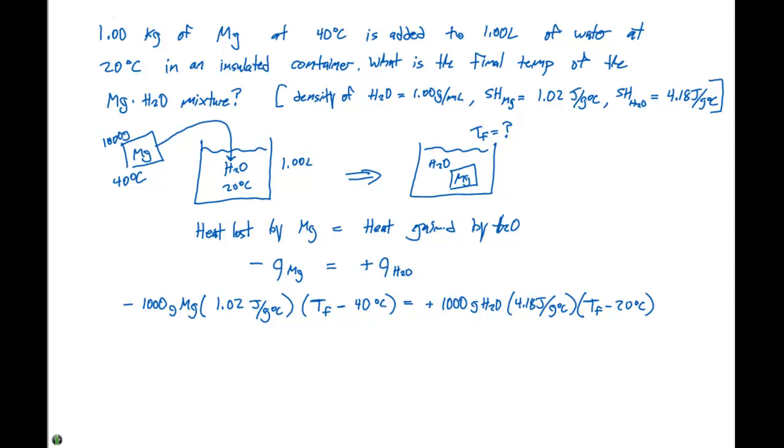So we can now go through and we can solve for our final temperature. And we're going to need to use a little bit of algebra to do so. 1,000 times 1.02 is 1020 joules per degree Celsius, because our grams are going to cancel out, times TF minus 40 degrees C. That's going to equal 1,000 times 4.18, or 4,180 joules per degree Celsius.